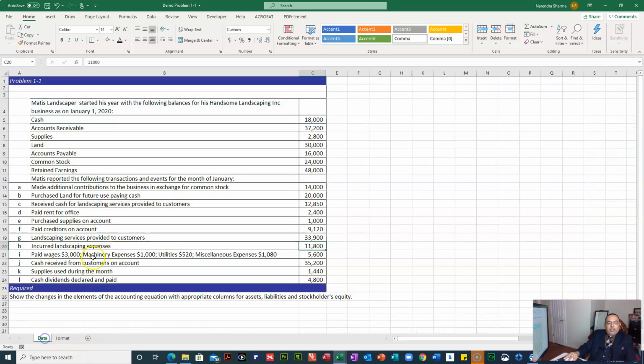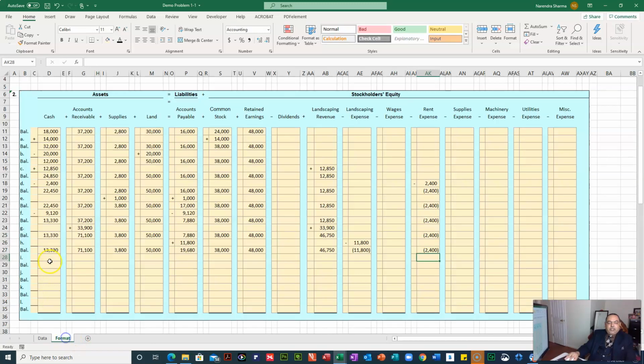Now we go on to I, the next transaction. We have paid several kinds of expenses: wages, machinery, utilities, and miscellaneous expense, total being 5,600. So we are paying 5,600, so that will be minus 5,600. Then we are paying wages, so let's go to wages here, minus 3,000.